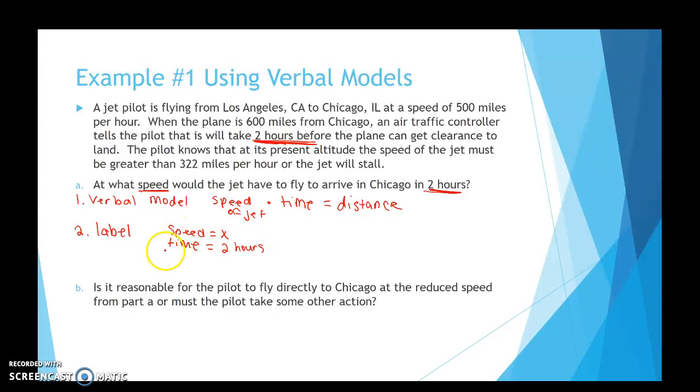And then what is our distance to travel? Well, they're saying it's going at a speed of 500 miles per hour, but then it says when the plane is 600 miles from Chicago. So 600 miles is actually going to be our distance to travel.